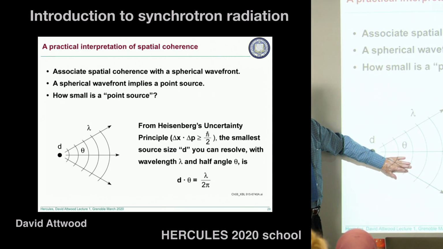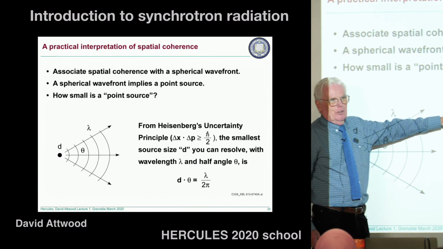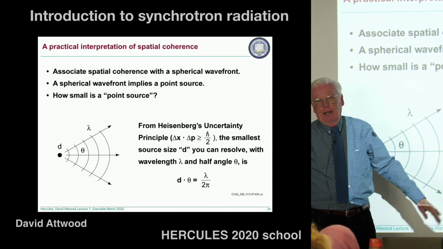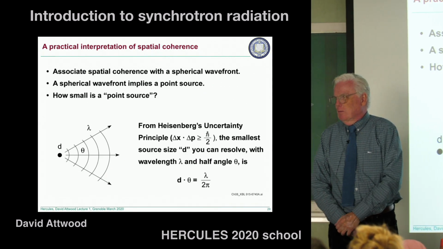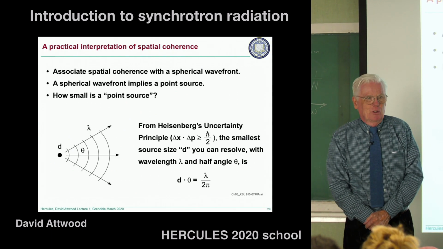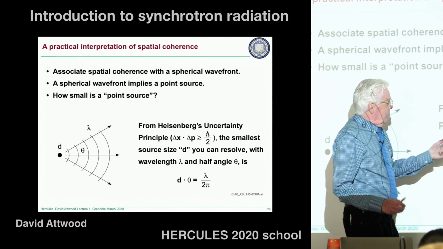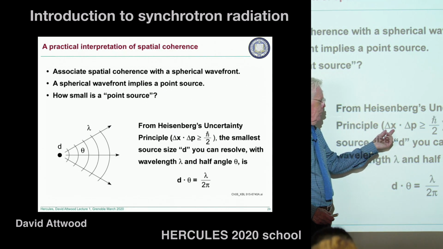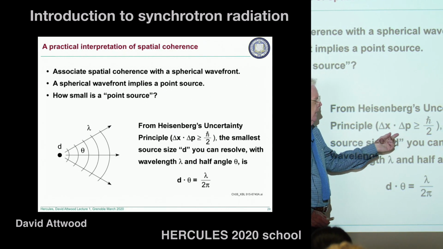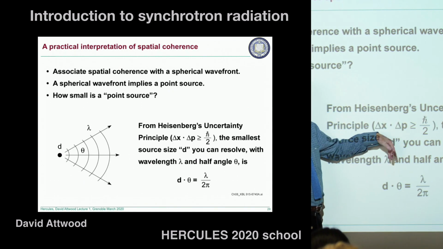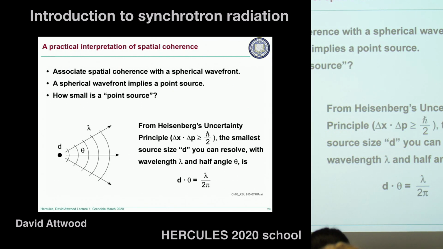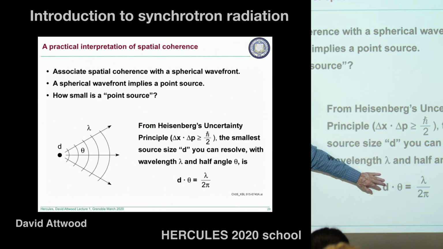Actually, the simplest way to do it is from Heisenberg's uncertainty principle. So I guess some fraction of you know what Heisenberg's uncertainty principle is and some don't. But basically, it's a statement that says the uncertainty associated with position and momentum is h bar over 2. Okay? So Werner von Heisenberg. And if you convert this into a photon situation, this expression gives you this expression.